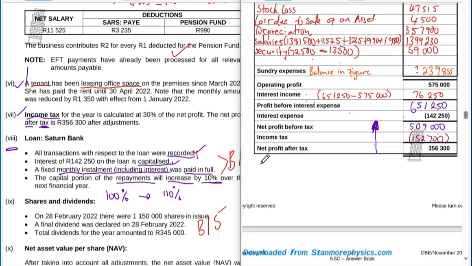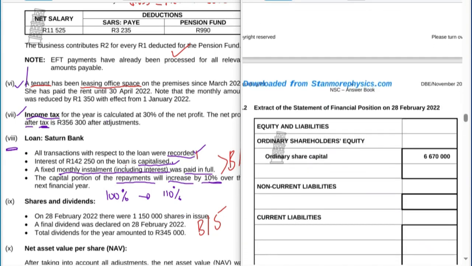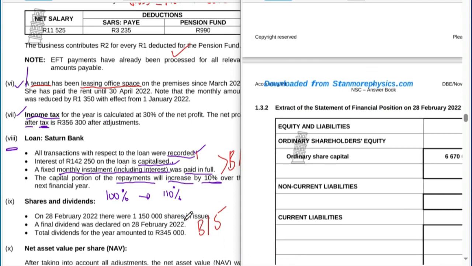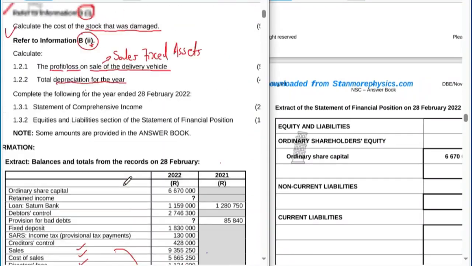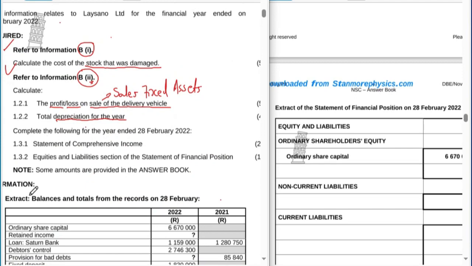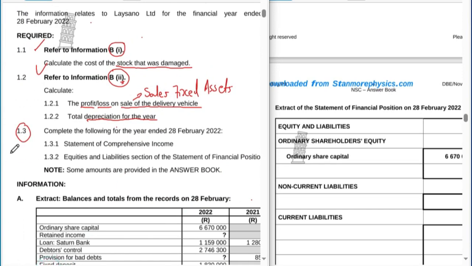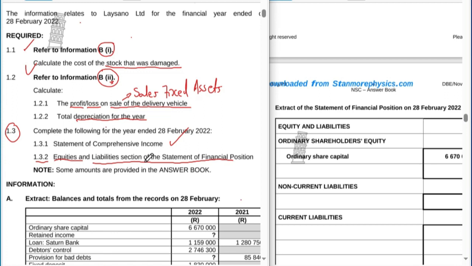Now we need to finish up our question 1. Our 1.3.1 has been completed, and now we go for 1.3.2, which is the equity and liability section of the statement of financial position, which is the balance sheet.